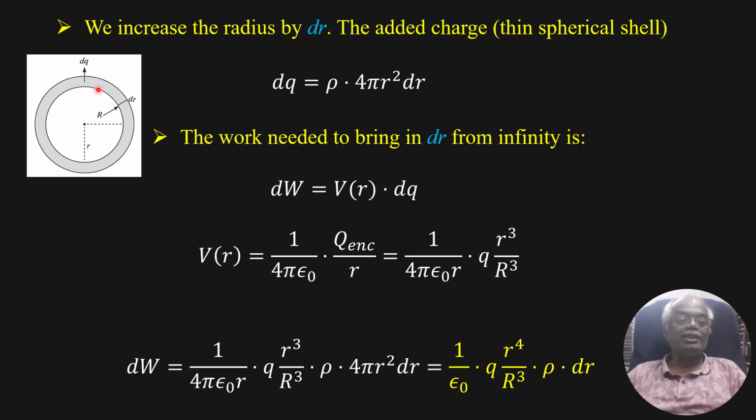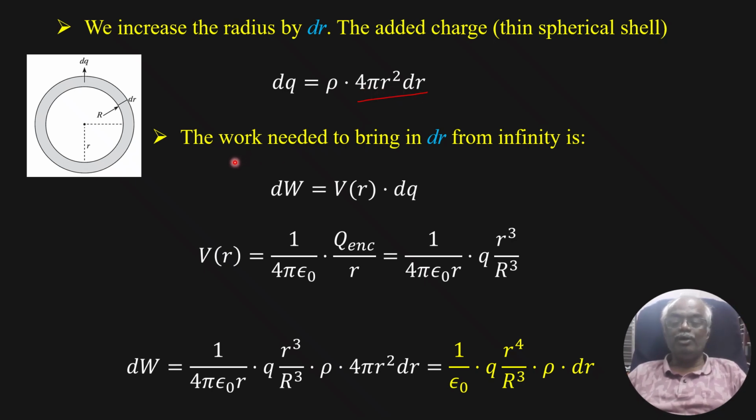We are taking a small thickness. 4 pi r squared is the area. If you multiply by thickness, you will get a volume. So dq is equal to rho multiplied by 4 pi r squared dr.